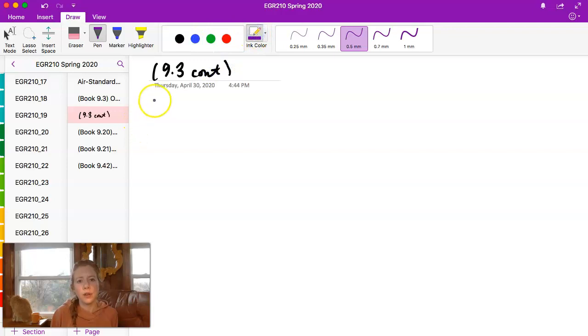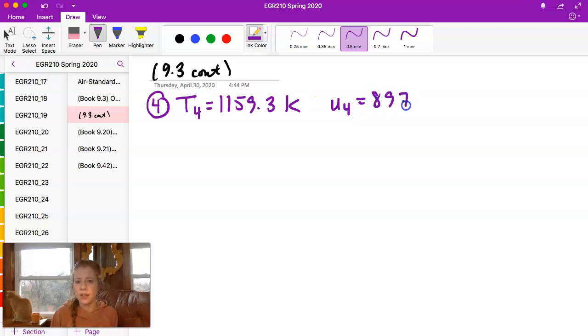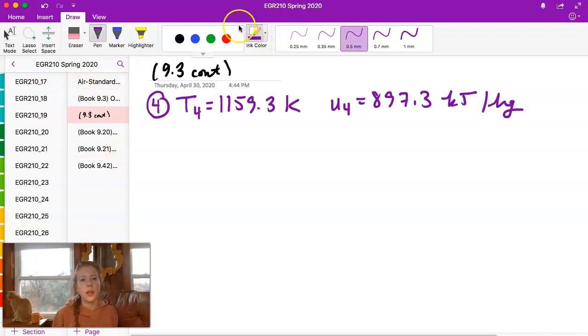Okay, so this is still state 4. And so we can get that T4 is 1159.3 K after interpolation. And we can also get that U4 is 897.3 kilojoules per kilogram.